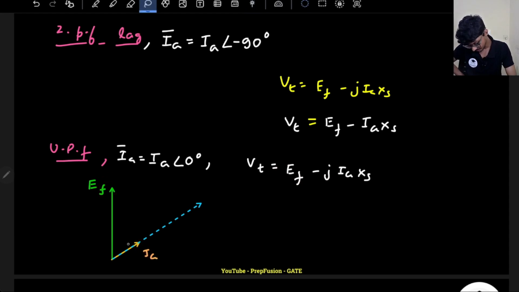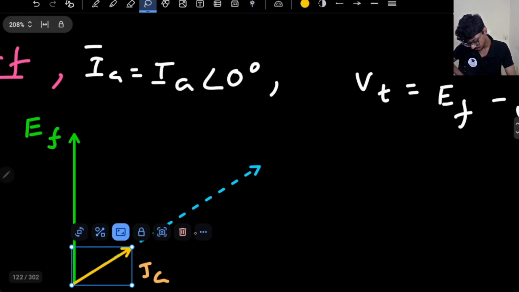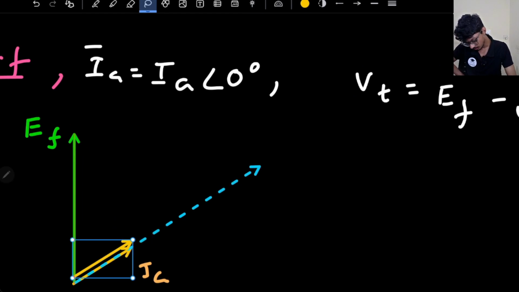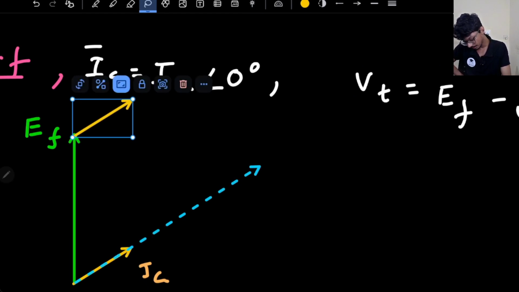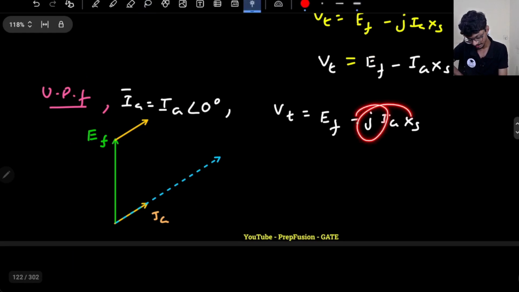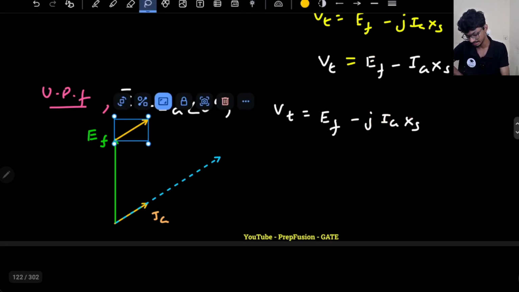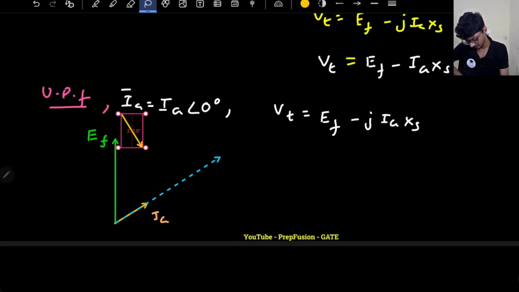So I will copy this IA and rotate it by minus 90, because it is minus j. So minus 90 will be here. Now if I connect the head and tail, this drop has to intersect somewhere along this line, no matter what.